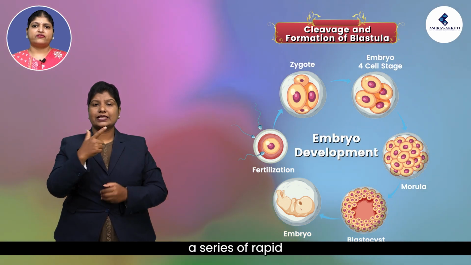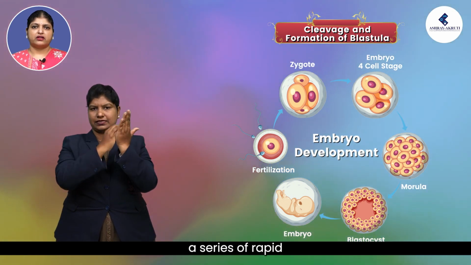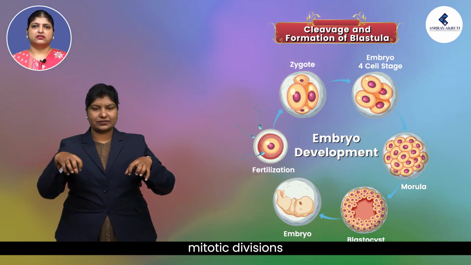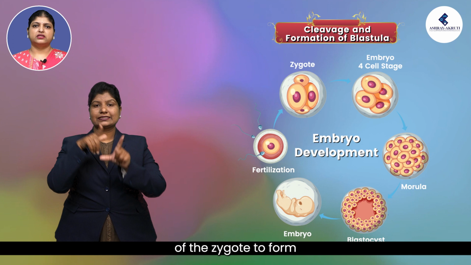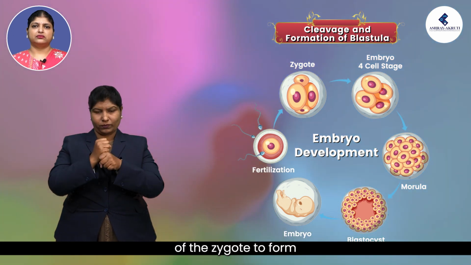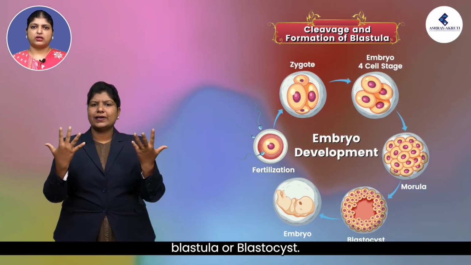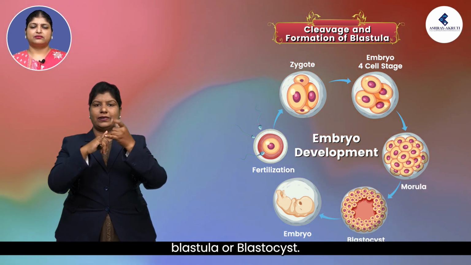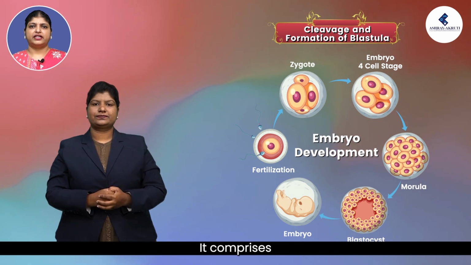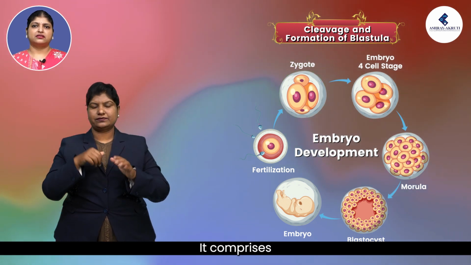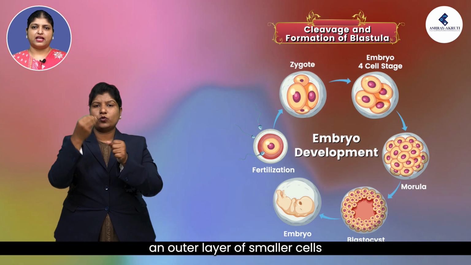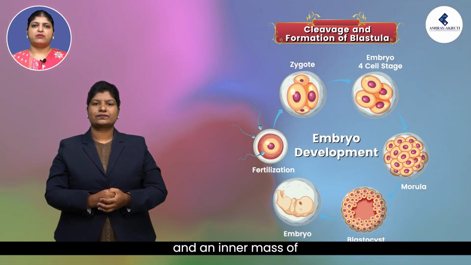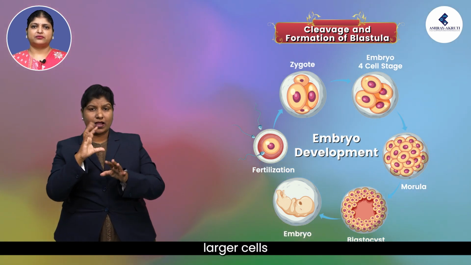Cleavage is a series of rapid mitotic divisions of the zygote to form many-celled blastula or blastocyst. It comprises an outer layer of smaller cells and an inner mass of larger cells.